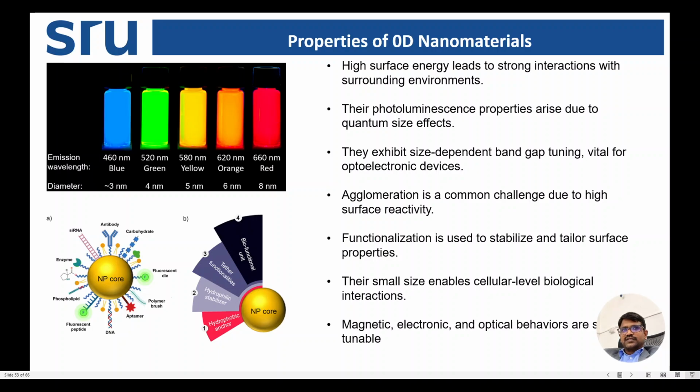Here you can see the functionalization. Functionalization can be done with a biofunctional unit, or we can add hydrophilic stabilizers or hydrophobic anchors. In this way we can functionalize. Functionalization improves stability and can improve the reactivity with surroundings.